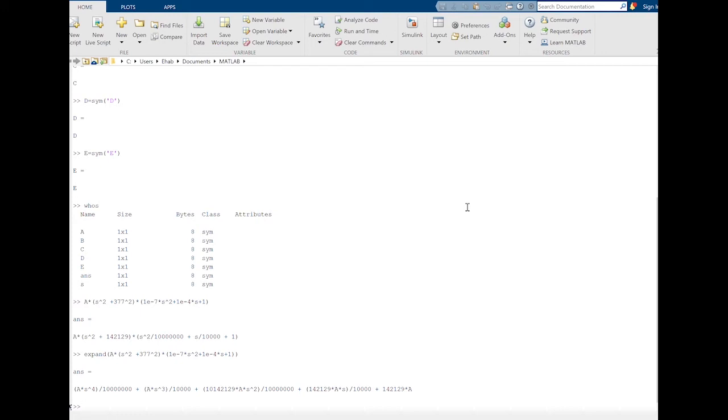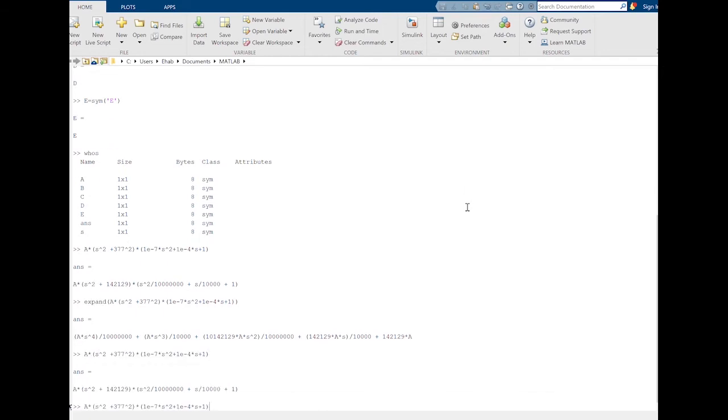Okay, we're not done yet, right? We want to get the full polynomial. So this is going to be plus a, but then we want to get the full numerator, so we still have b s plus c, and this thing is multiplied by s and multiplied by this polynomial.